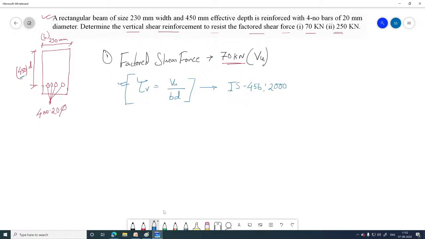So we know all the values and can determine tau V. VU is 70 kilonewton, multiplied by 1000 to get Newton, divided by B into D, which is 230 into 450. The value you get is 0.67 Newton per millimeter square.